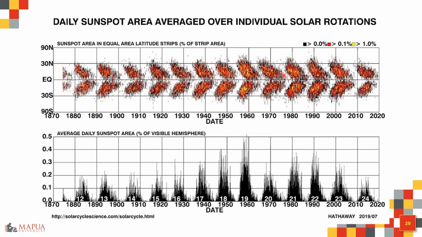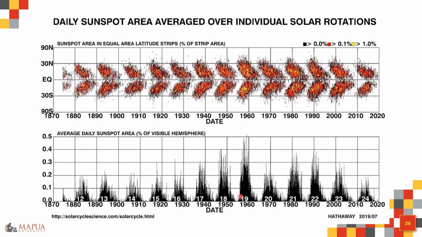So that means as the number of sunspots increase and decrease over time, the location where the sunspots are generally found actually moves toward the equator. Okay, so this is another illustration of the periodicity of the solar activity of the sun.